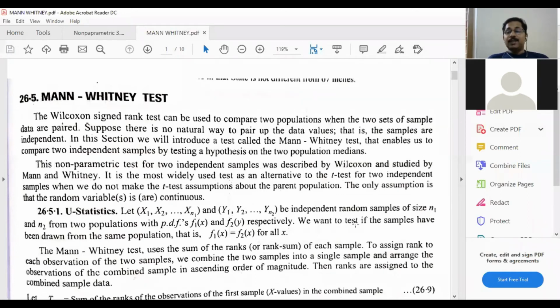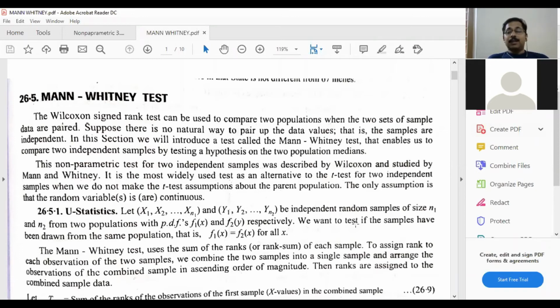The paired t-test is for dependent observations and the unpaired t-test is for independent observations. In non-parametric tests, instead of the paired test you use the Wilcoxon sign rank test, and the alternative to the unpaired t-test is the Mann-Whitney test, which is used for independent sets of observations.